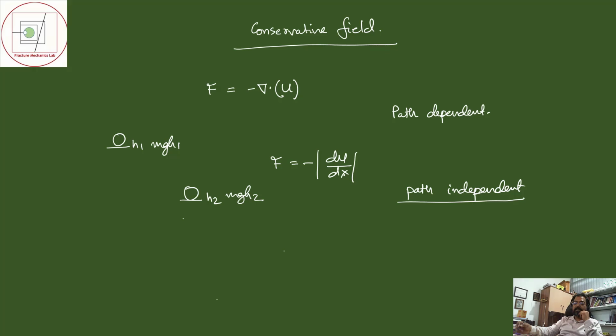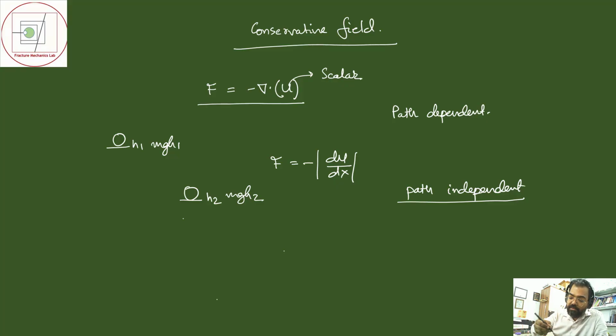And so this is the force applied, but it doesn't mean that ball will go from h1 to h2. Okay. But when this happens, so this is a scalar quantity, it is called a conservative field.